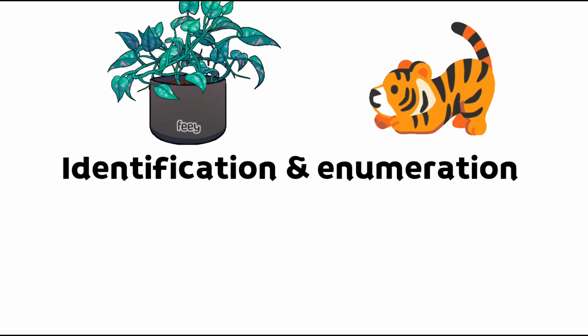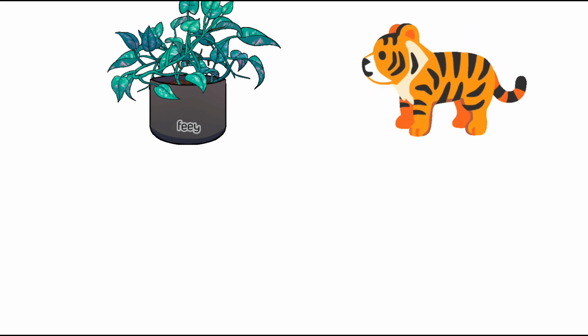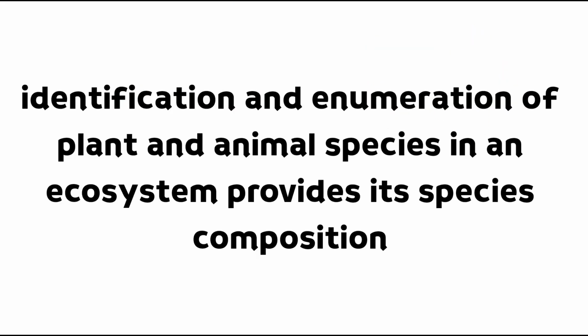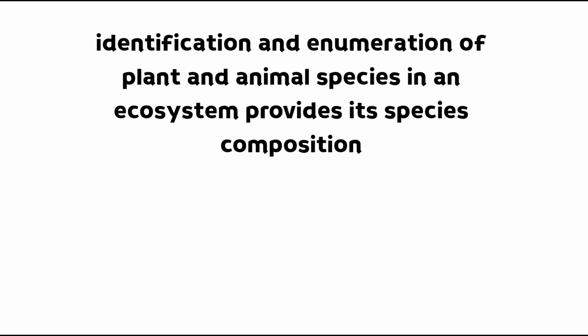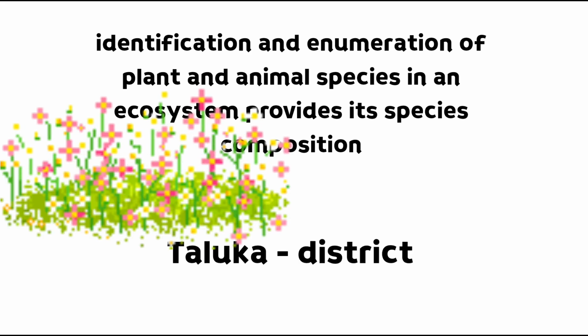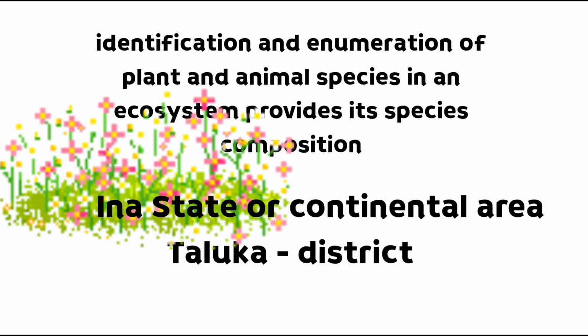First is the identification and enumeration of the plant and animal species of an ecosystem, which gives its species composition. So what is this enumeration of the species? A flora is a systematic enumeration of the plant species that occur in a given region. Like a flora, they may cover any suitable area from a taluka to a district or state or a country or even a continent.